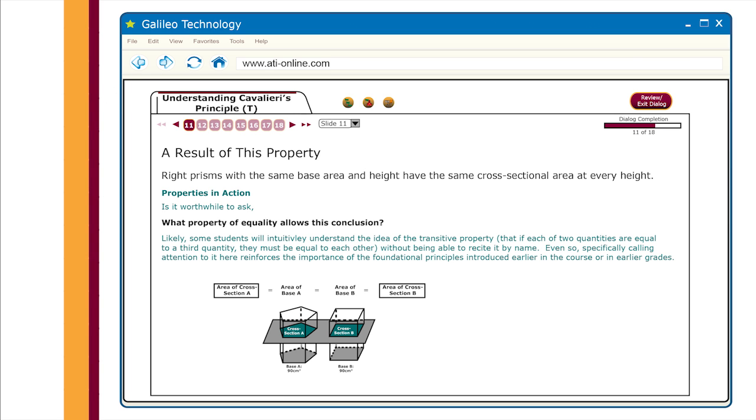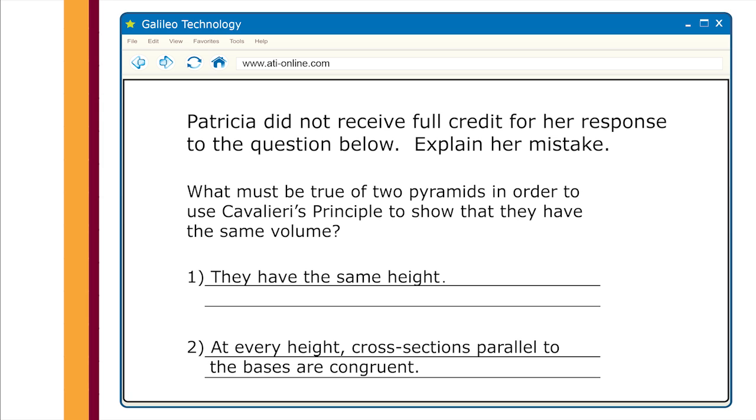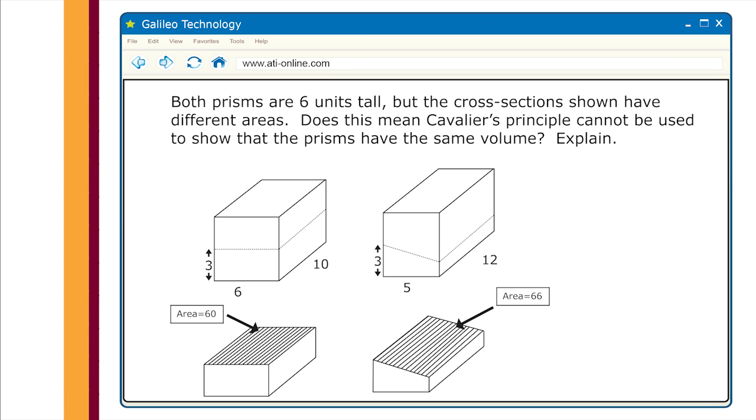Also available is a teacher's version of the dialogue, containing instructional notes and commentary to assist instructors presenting the material. Similar to items shown earlier, items connected to this instructional dialogue go beyond requiring students to state Cavalieri's principle. In addition to requiring students to recall key words and phrases, these items are designed to reinforce understanding of the concept, when it can be applied, and how it should be applied.